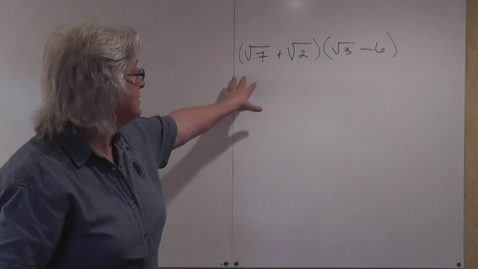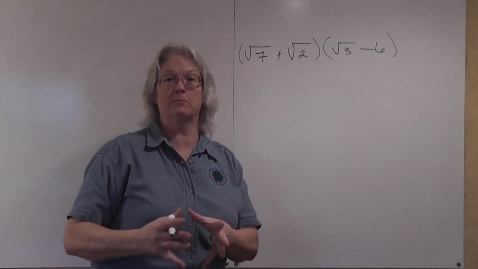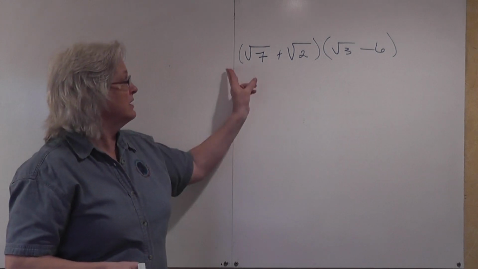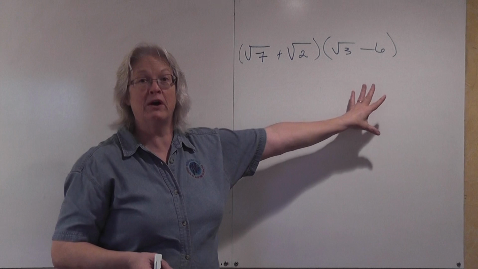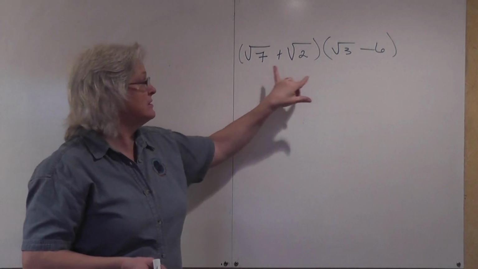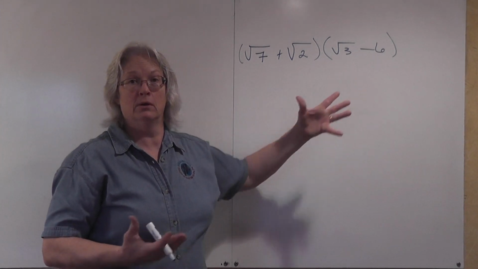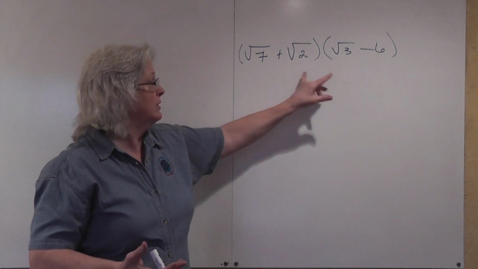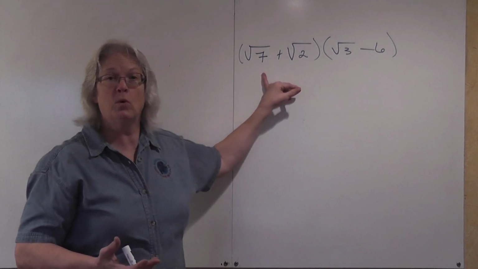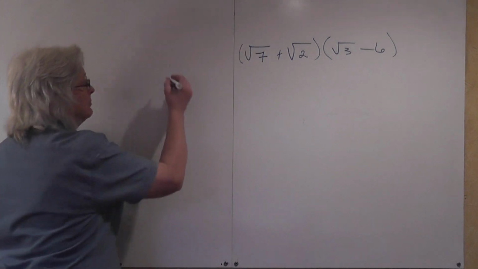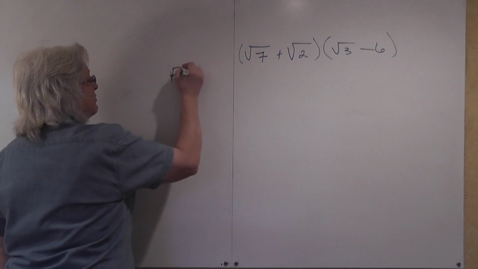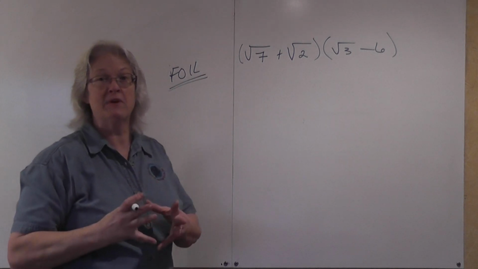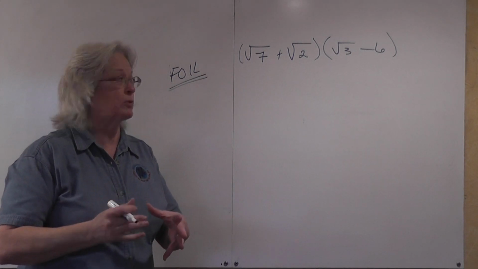These are not binomials, but they look like binomials. You know, polynomial expressions have to have the variables in there. There are no variables, but this is still going to function. Do we recognize any special products here? No, but we can use FOIL. We can use our acronym to multiply together 4 different sets of factors to give us the total product.